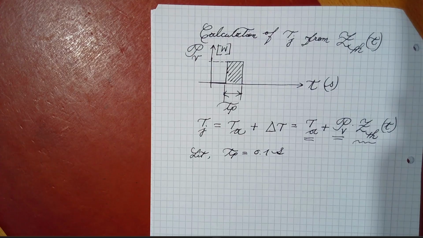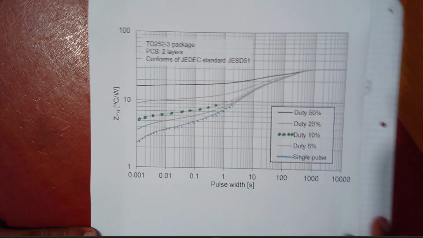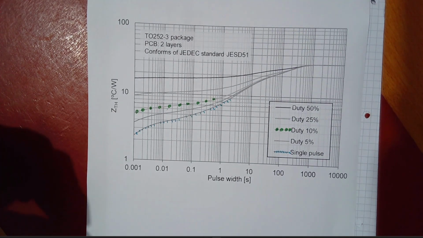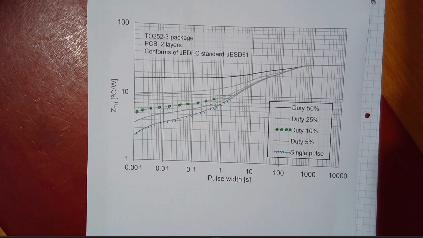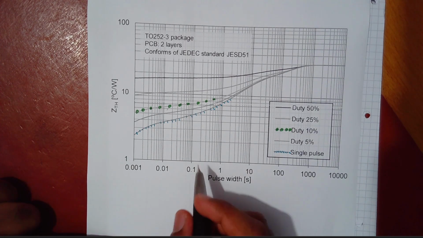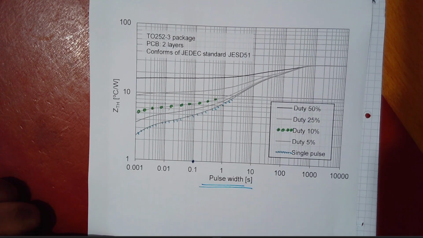And that would give us a particular value of ZTH from the datasheet value. As you can see, so 0.1 seconds. Let me take another color. So 0.1 second is here. This is the width of the pulse, so to speak, pulse width.